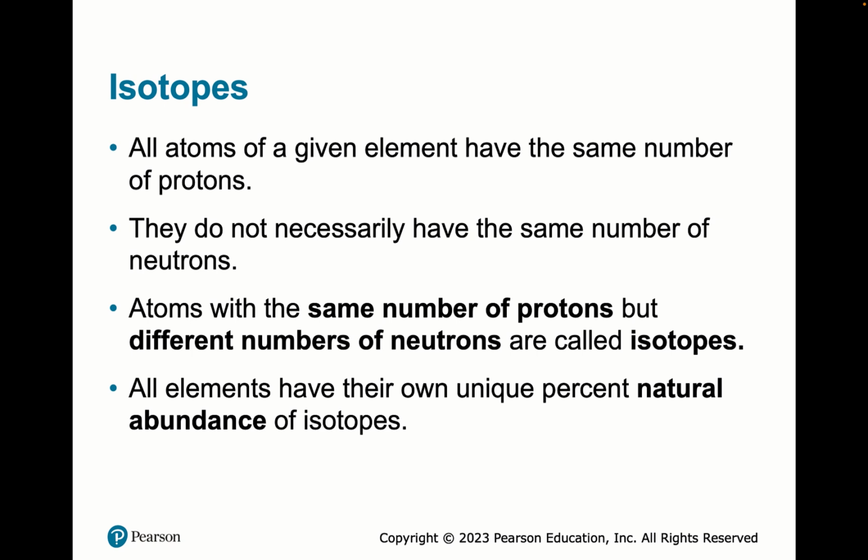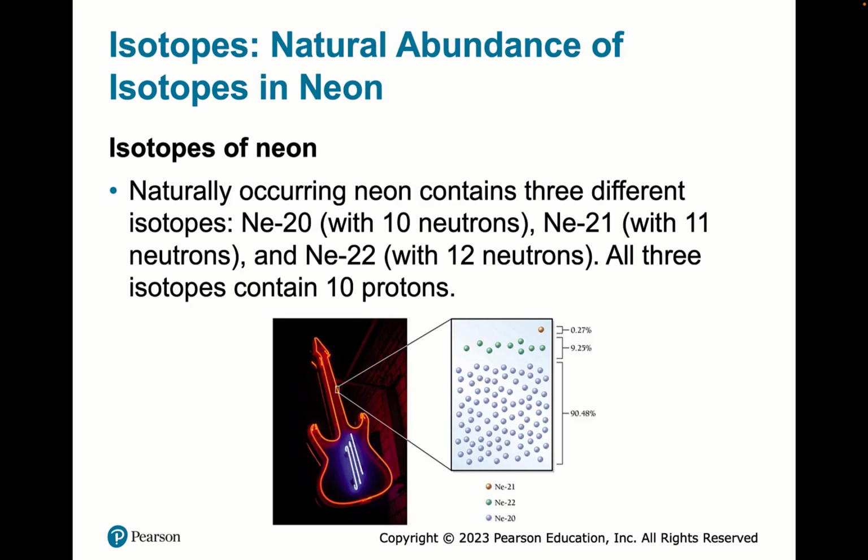Same thing with Mars, although we haven't been to Mars, but we have recovered Martian material from Antarctica, for instance, and we've noticed that it is different. So for instance, neon has relative amounts. It's mostly 90.48% neon 20. It's 9.25% neon 22, and then a smaller amount of neon 21.